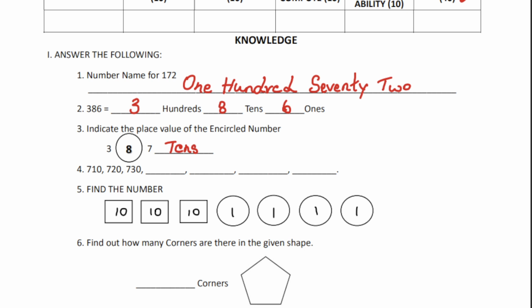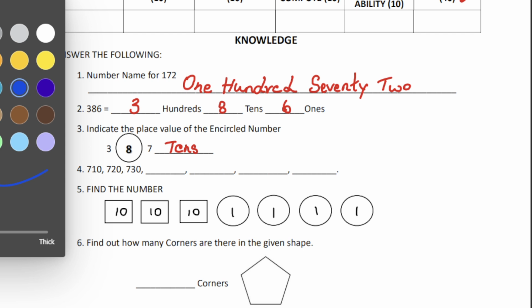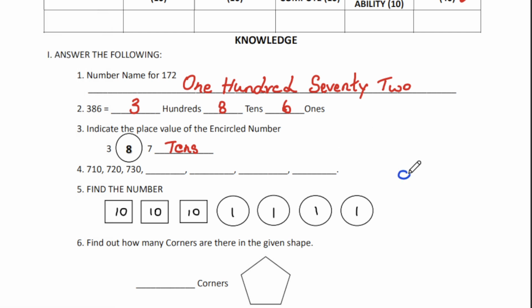Okay, in case they are giving a different number, for example 981, and if they are circling number 9, 9 is in hundreds place. So you have to write hundreds.